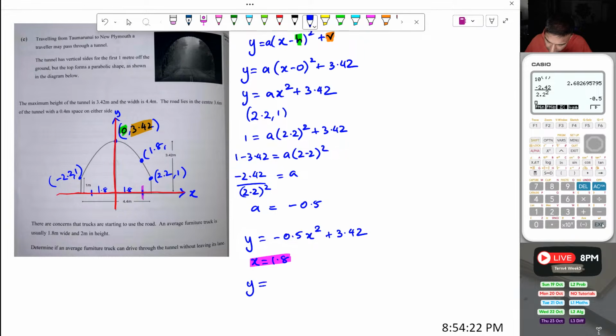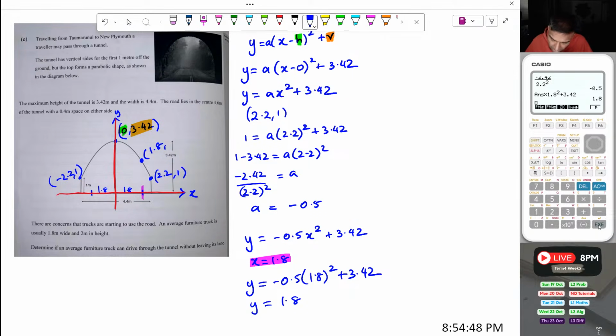So we've got y is equal to negative 0.5 multiplied by 1.8 squared plus 3.42, and that's going to give us 1.8.